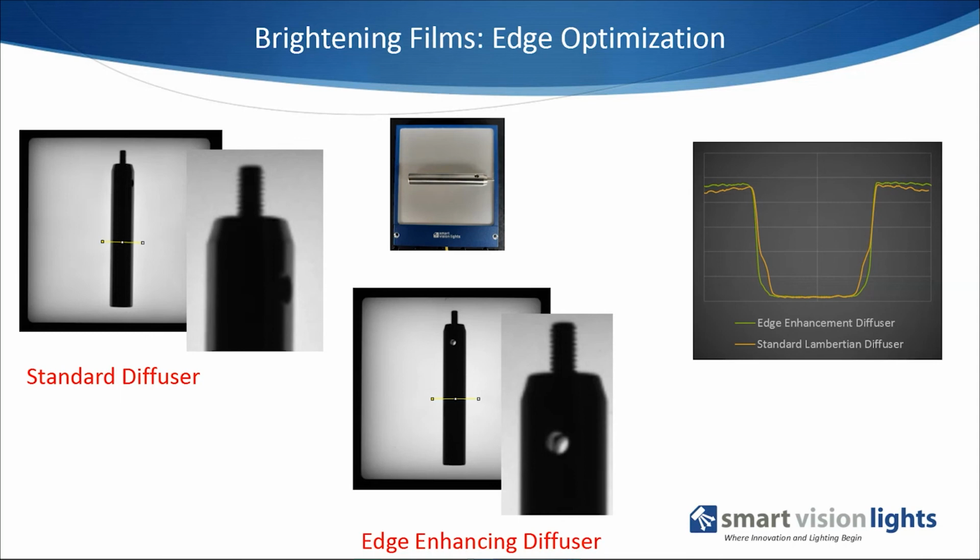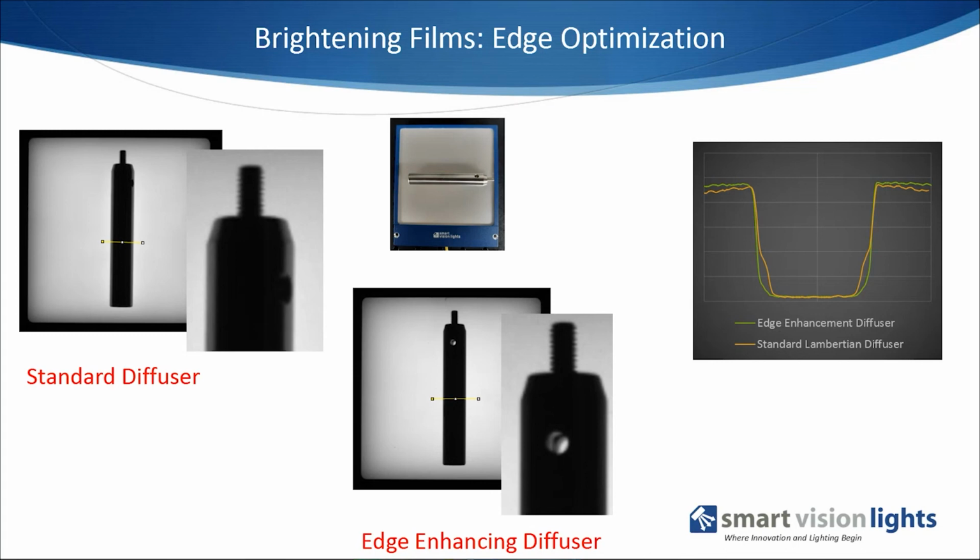And there's nothing wrong with that backlight or diffuser, but what you can see is if you take the time to understand this, and manufacturers like Smart Vision Lights then do additional enhancements to our backlights, including using these brightening films for edge optimization, then you can see in the middle image where we have the edge enhancing diffuser and the zoomed in of the same cylinder, then what you see here is the threads are sharper, the edges of the cylinder are sharper, and in fact that the transition from the bright white background to the edge of the cylinder goes from a bright white to a dark edge, and there's no grayscales, and again there's less blurring there.